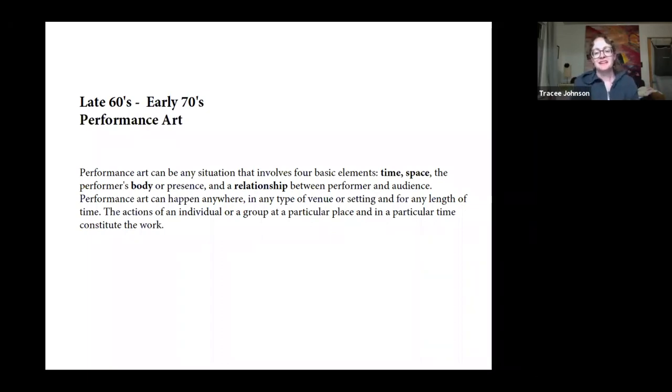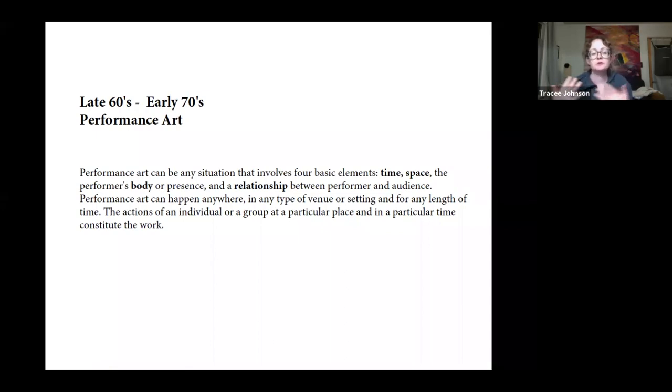As you see in our first slide here, when you're thinking about performance art, the four basic elements that people often describe as performance art based are time, space, the body, so the performer's body or the presence of a body, and then the relationship of that body to an audience.